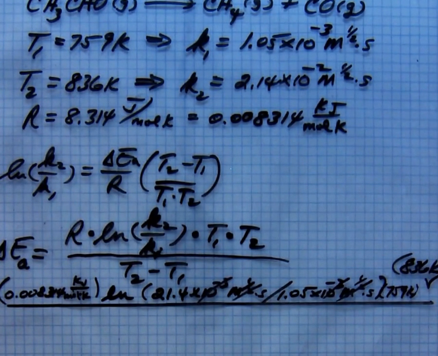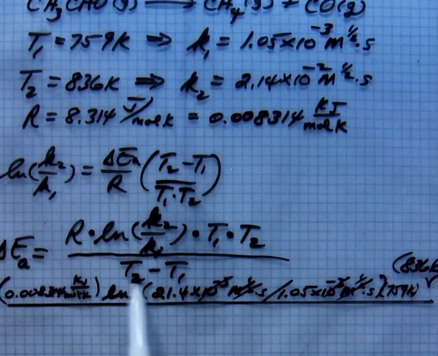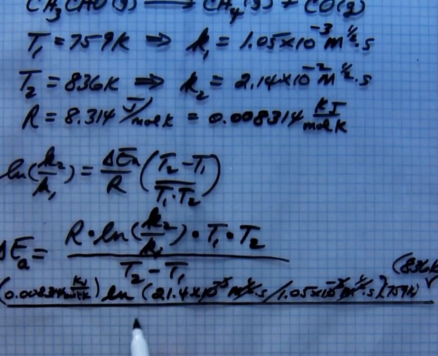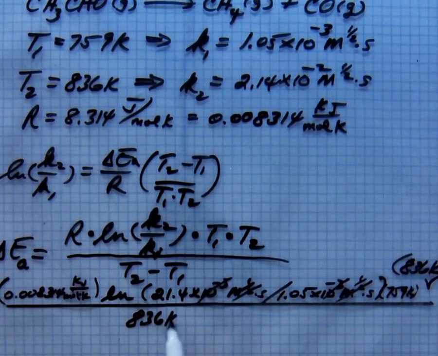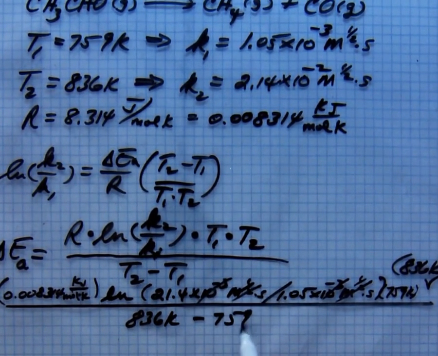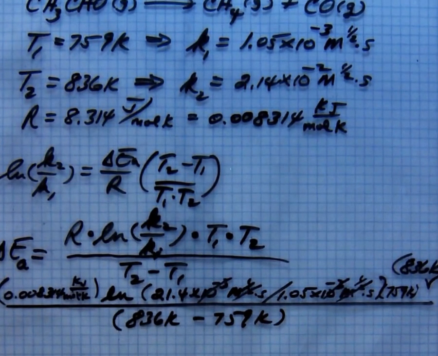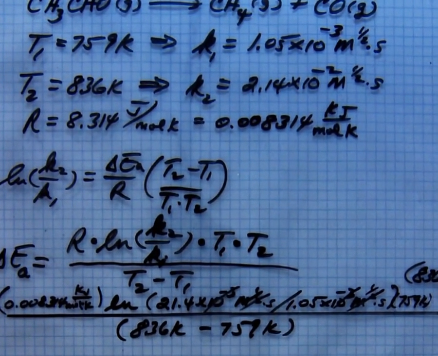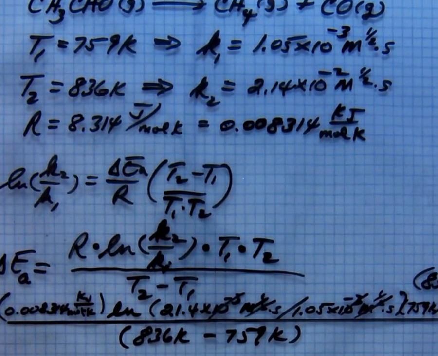And of course, that's divided by the difference in the temperatures, T2 minus T1. So T2 is 836 Kelvin minus 759 Kelvin, as the denominator shows. Now, you can simplify this through the logarithm, and we'll see what the results will give us.